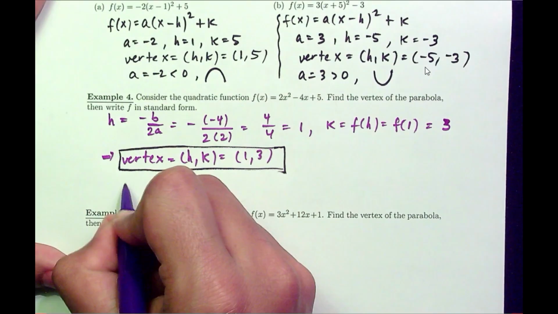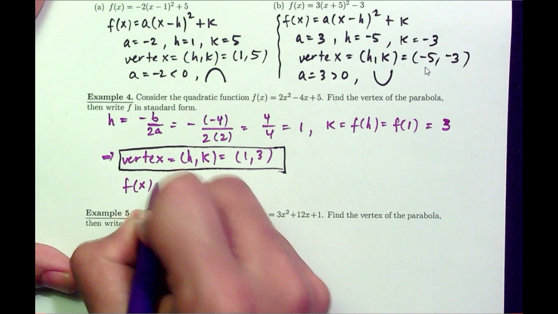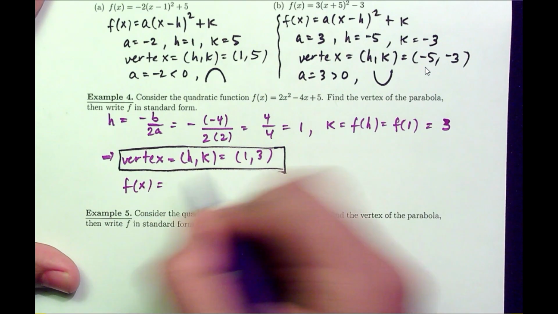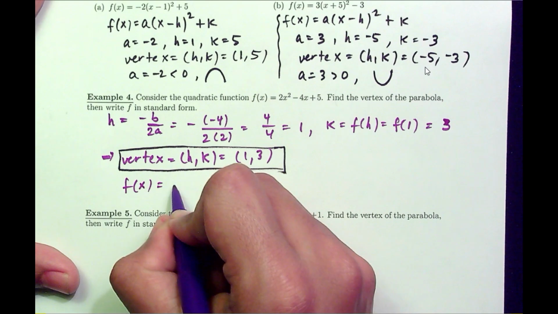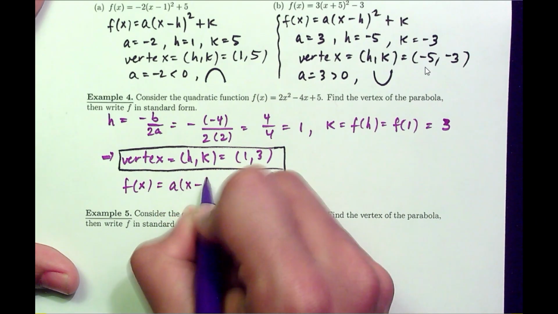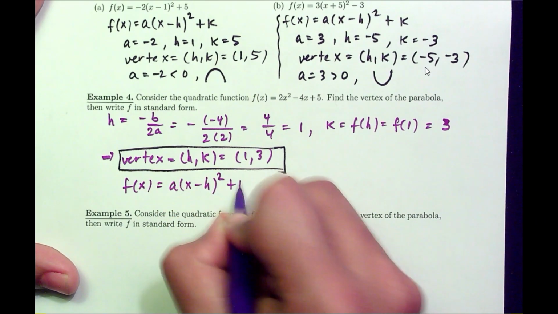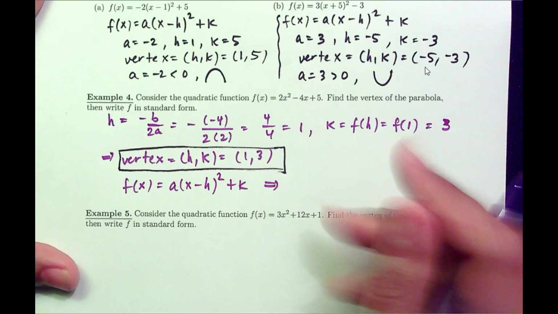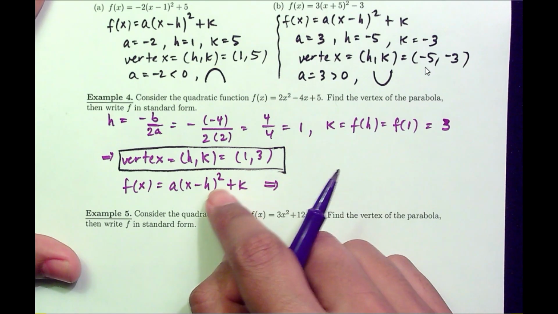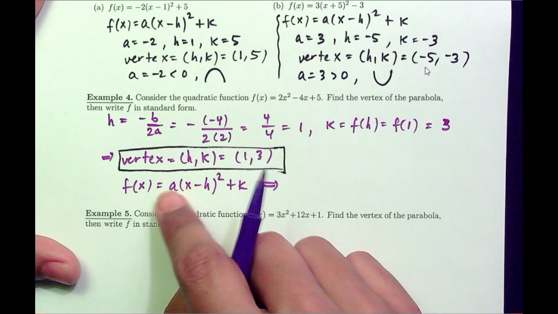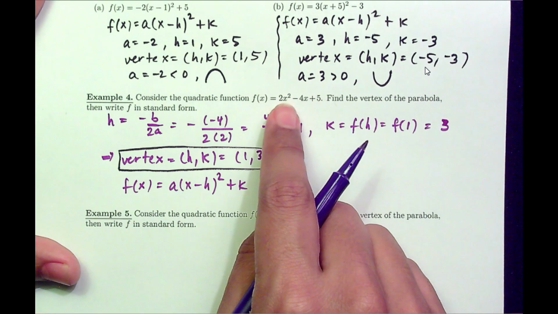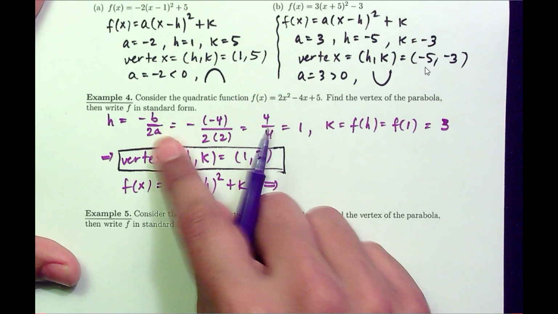This does not take any effort because the standard form is a times x minus h squared plus k. But we already found the h and the k, and the a is the same a that we just used.